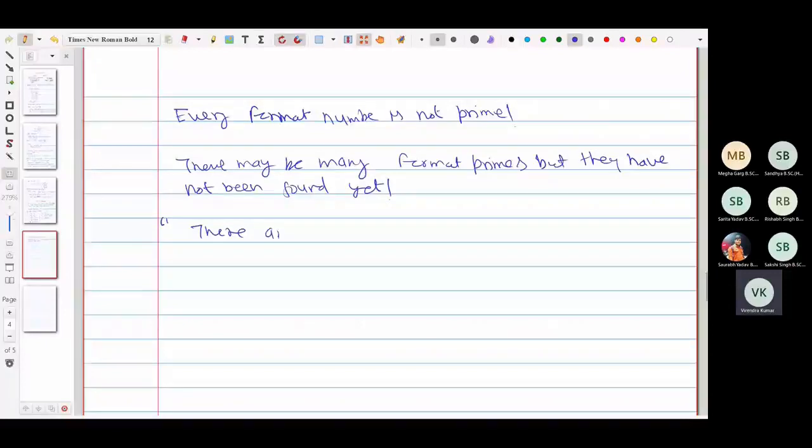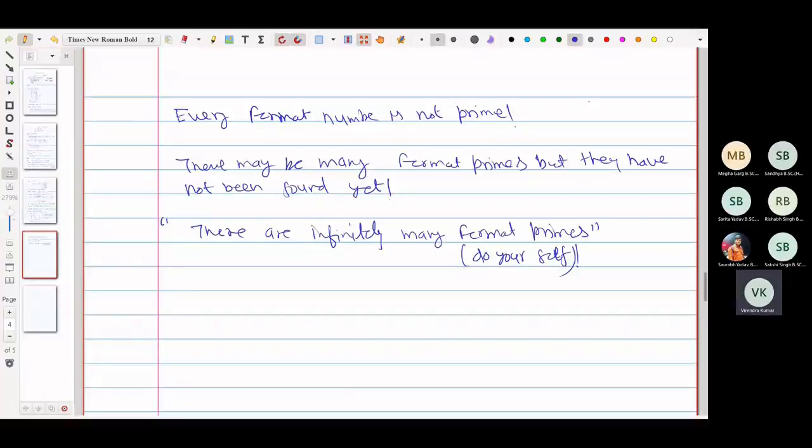There are infinitely many Fermat primes. Okay, so you can do it. All right.